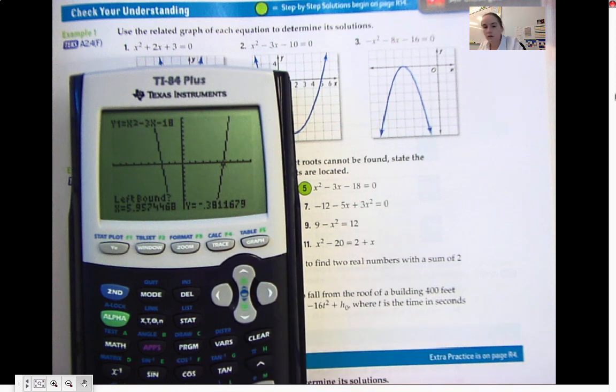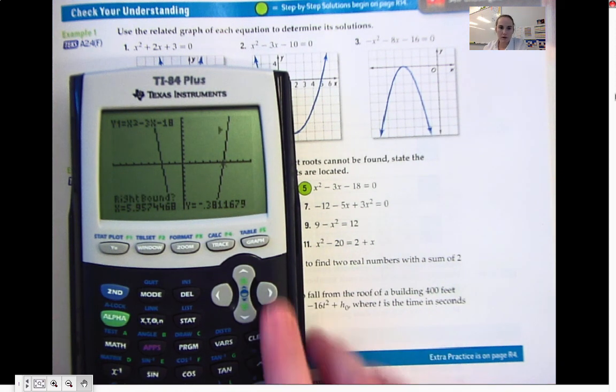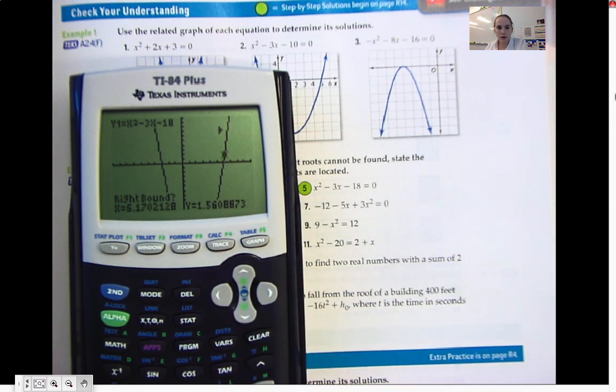There it is. Left bound is going to be there, and the right bound I'm going to hit to the right one. And guess, I'm going to go back to the one that was closest to guess, and there it is. So that's how you're going to find roots or zeros or solutions to quadratics.